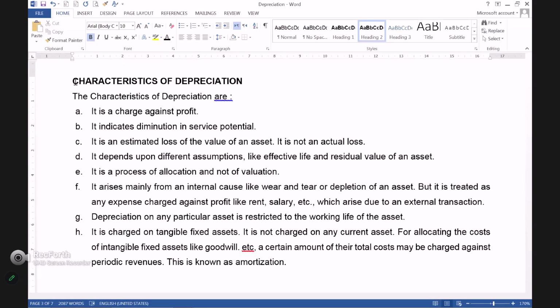So when you are calculating the profit, the depreciation is considered. It indicates the diminution in service potential. It is an estimated loss of value of an asset, not an actual loss. So it is an estimated loss. It depends upon different assumptions.